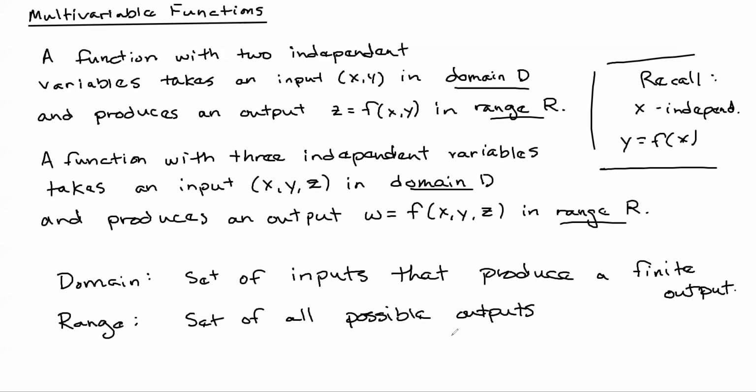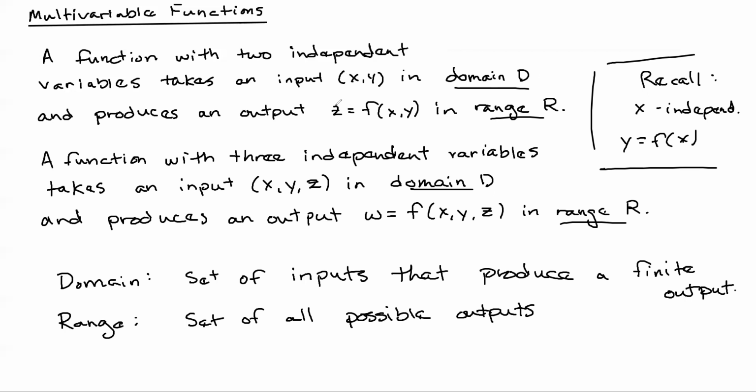So that's our introduction to get us started. Just to recap one more time: we're taking our traditional definition, input x, output y, where x is the independent variable and y is the dependent variable, and extending it by adding a second independent variable.